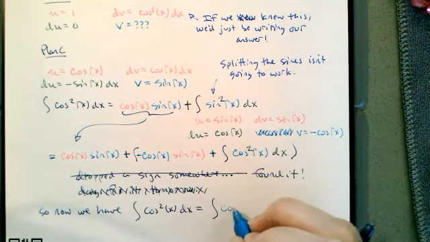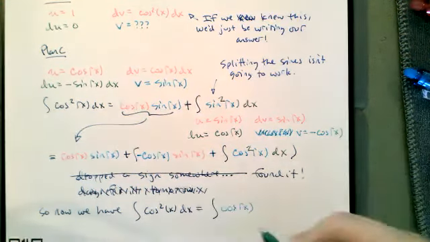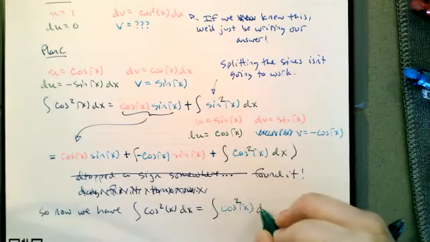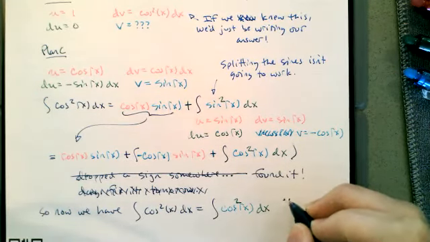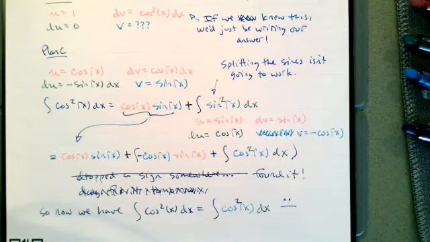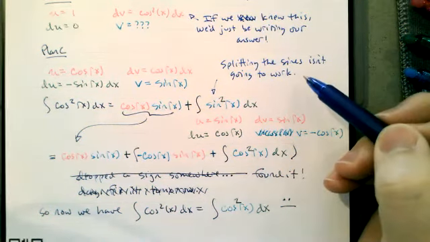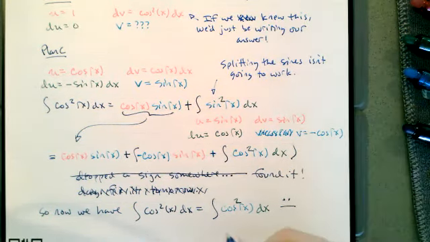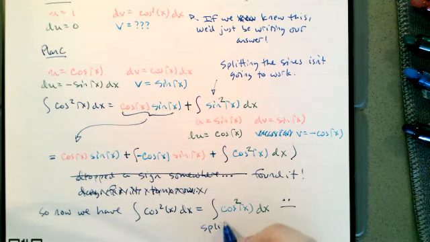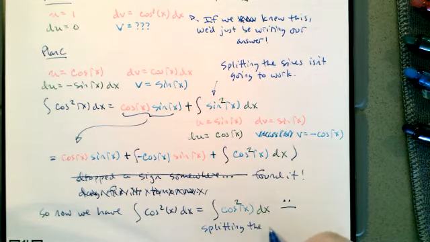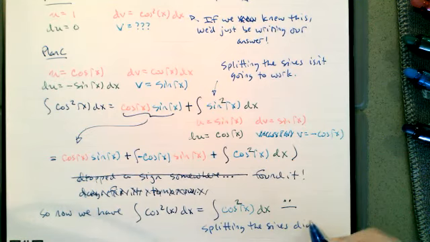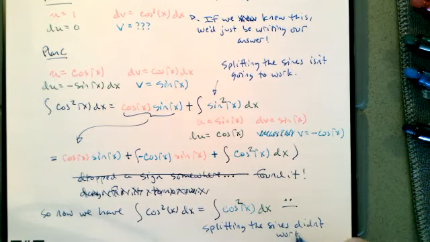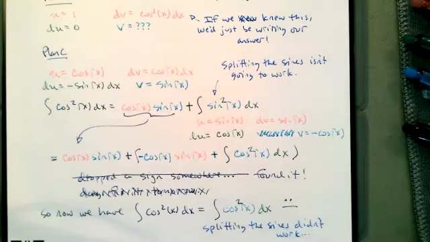It's just that the one on the right is more colorful than the one that we started with. So we have gotten nowhere. We've gone back to the beginning. This is because splitting the signs isn't going to work. Splitting the signs didn't work because it just cycled us back to where we started.